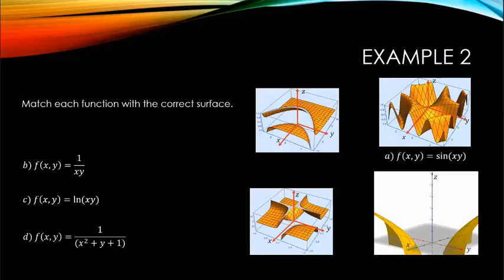The second function, f of xy is equal to 1 over the product of x and y, is a rational function where the denominator is the product of x and y. In this case, neither x nor y can be 0 because my function would be undefined.